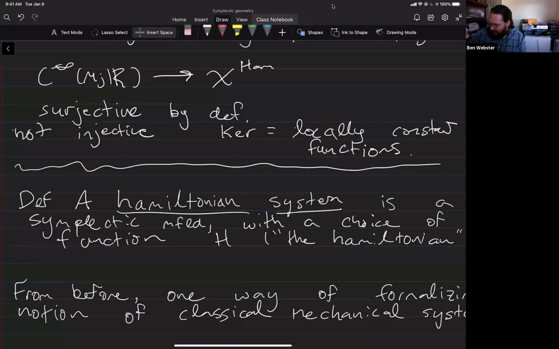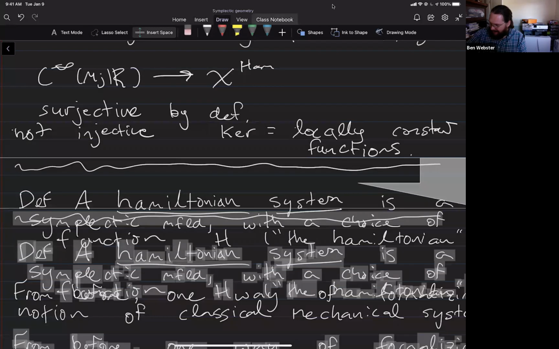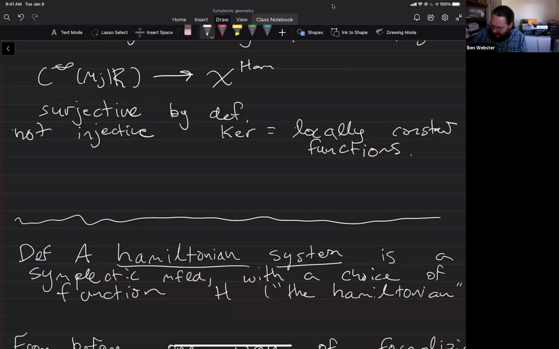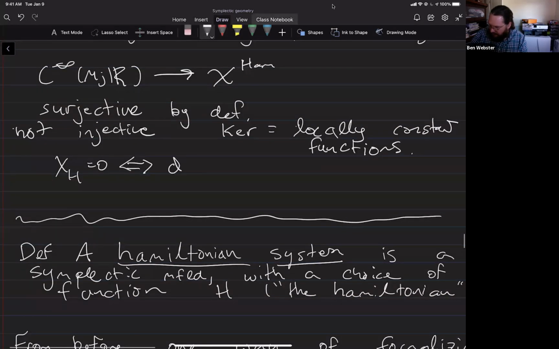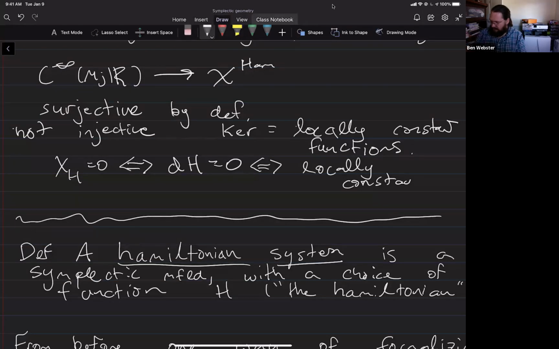Right, so the important point here is that X_h is equal to 0, by the non-degeneracy of the symplectic form, if and only if dh is 0. And that's true if and only if you're locally constant. And of course, if my manifold were connected, I could just say constant, but I'm not assuming that.